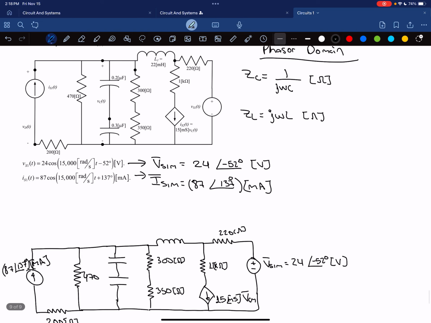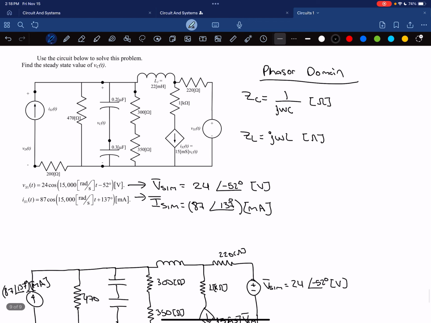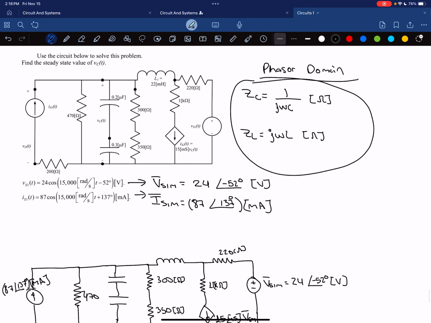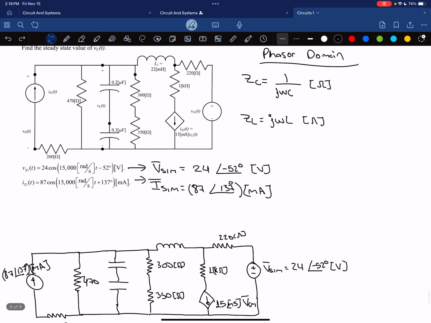Now for the inductor and the capacitors, we need to convert by doing this. So the impedance of this capacitor, let's call it C, impedance of capacitor 1 is equal to 1 over jω. We know that ω is whatever we multiply t by, right?